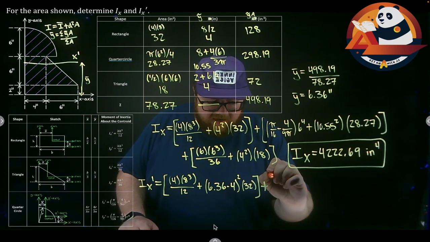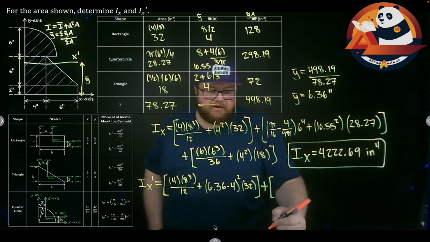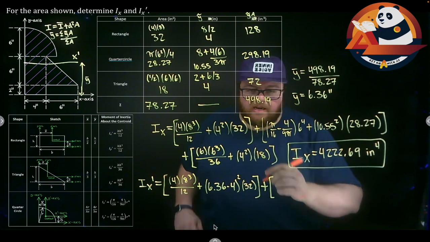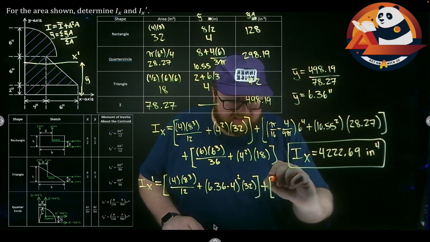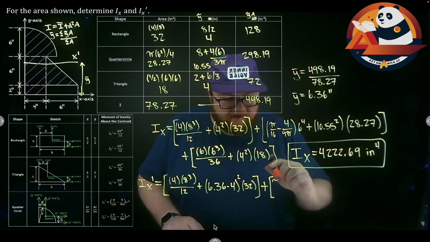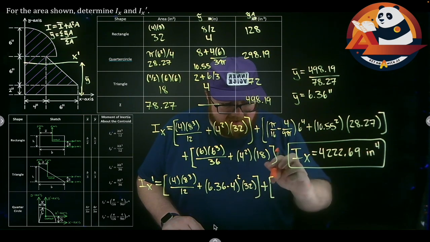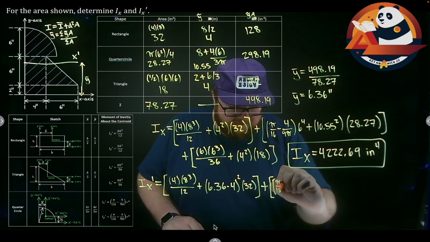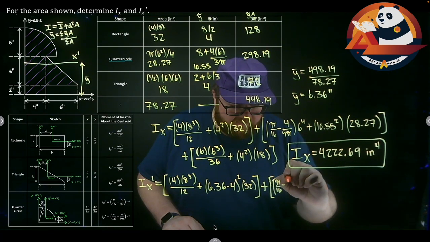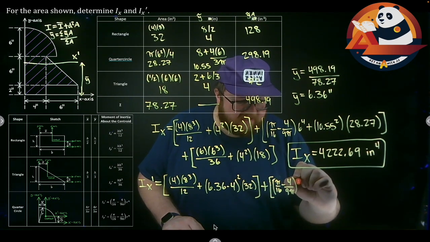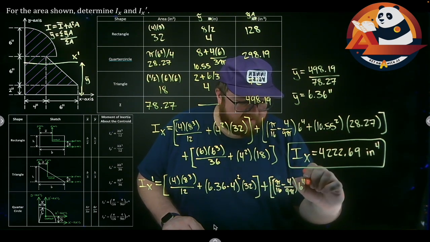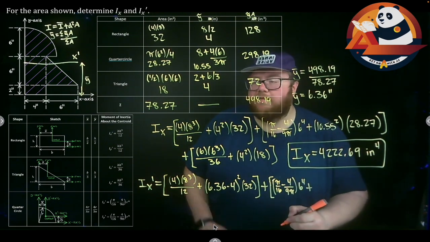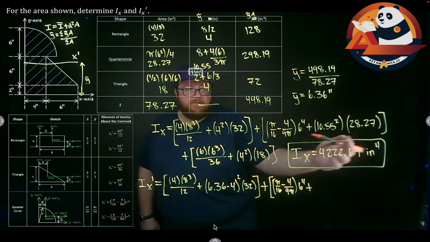We'll add into that same approach for the second one. So plus, same beginning point. Our I bar is still pi 16ths. I need a bracket or a parenthesis in this. Plus pi 16ths minus 4 over 9 pi times our radius, 6 to the fourth. Plus, again, we're using y bar minus y tilde.